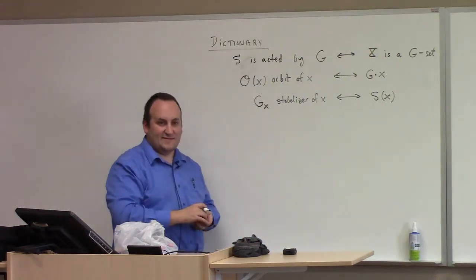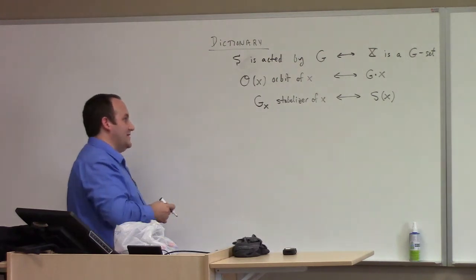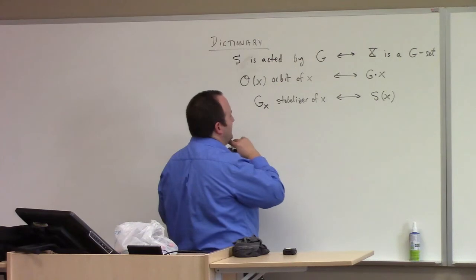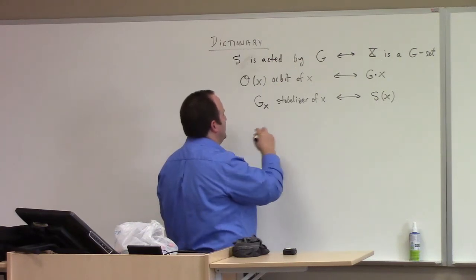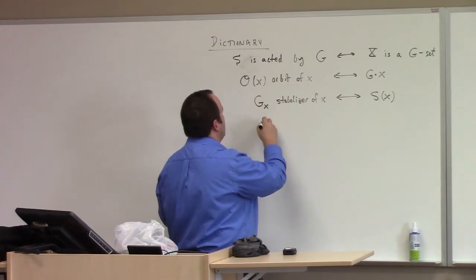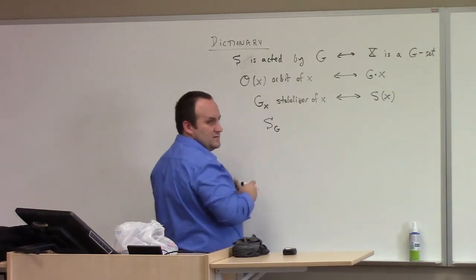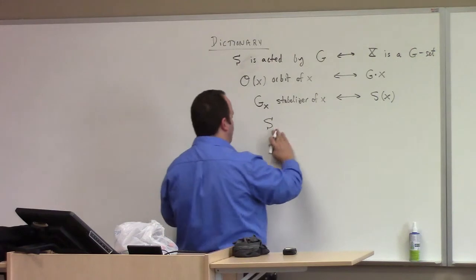I use S for set. He uses big X for set, and that's fine. And then the other thing that's a little bit different was, what was my notation for fixed subset? I can't even remember, was it S sub G or S super G?